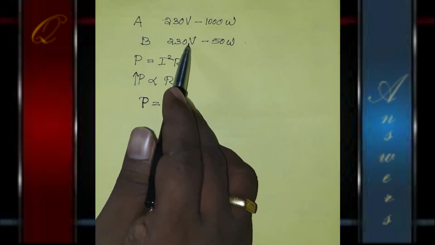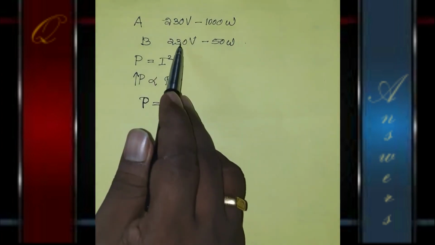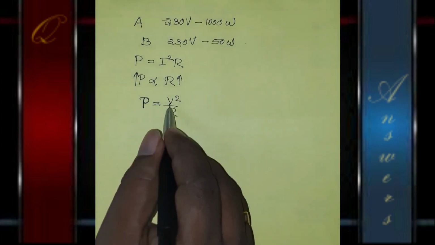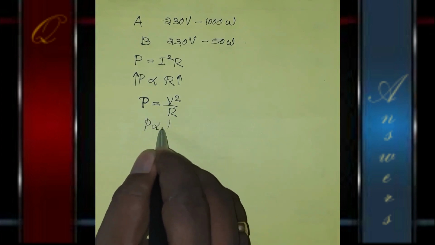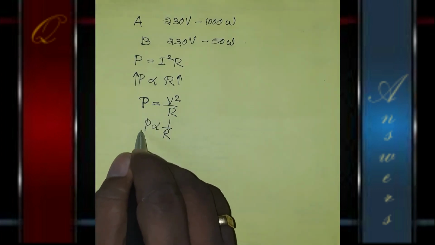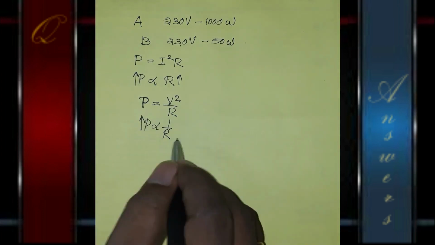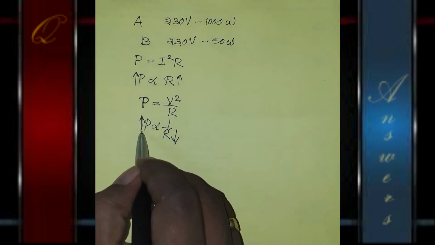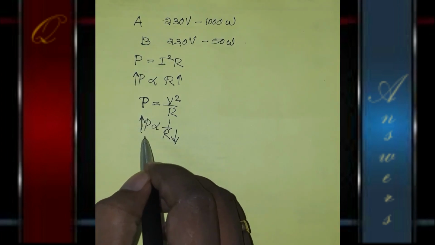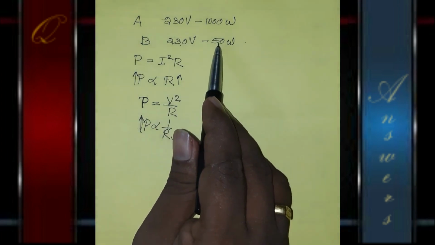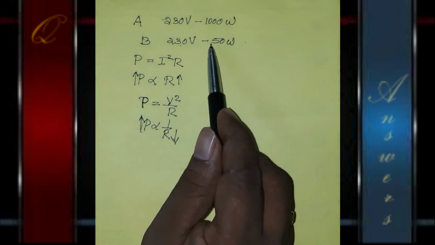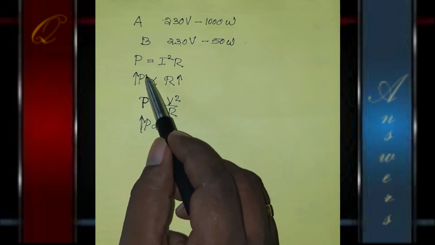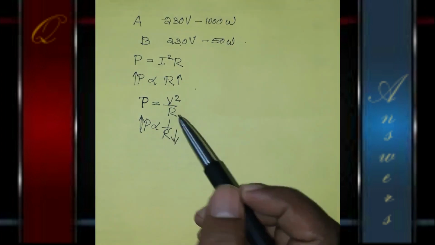These two devices are operated at the same potential difference, 230 volt, so voltage is the same. If V is constant, P is proportional to 1 by R. So the device with more rated power is having less resistance, or the device with less rated power is having more resistance. Here the less power is 50 watt, so it is having more resistance. As resistance is more, it will be consuming more power in series connection.